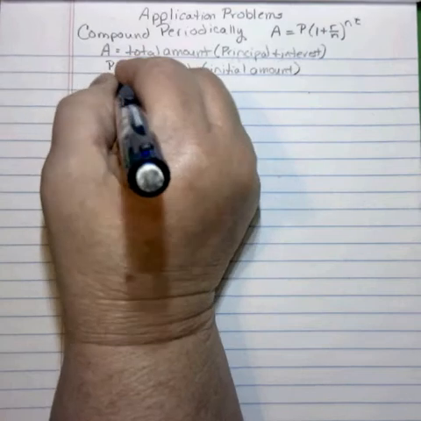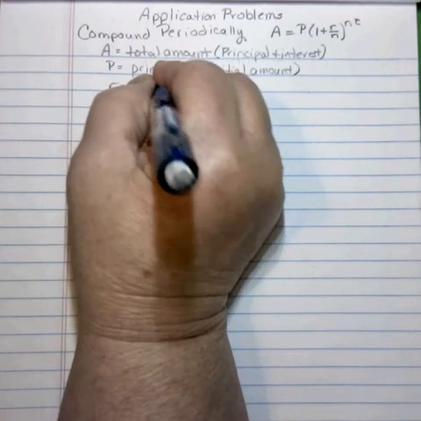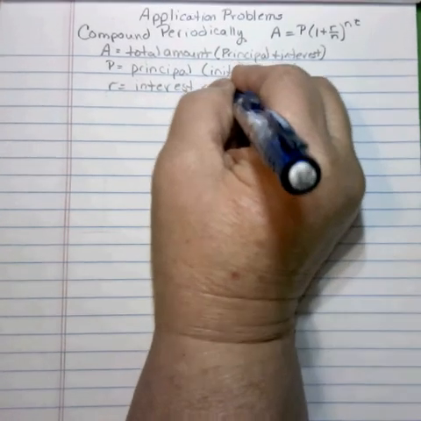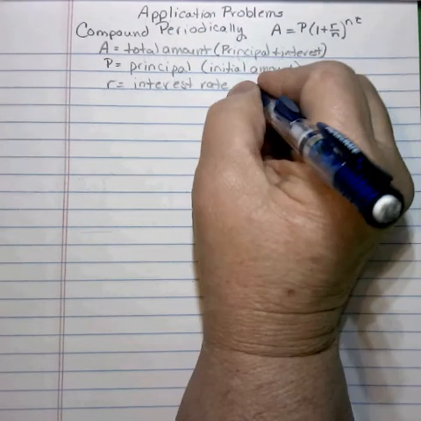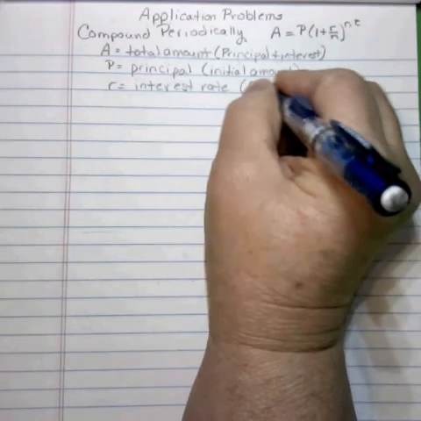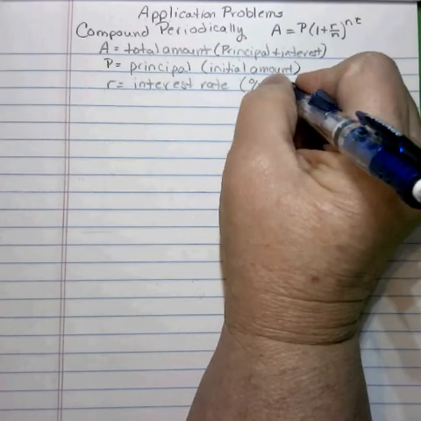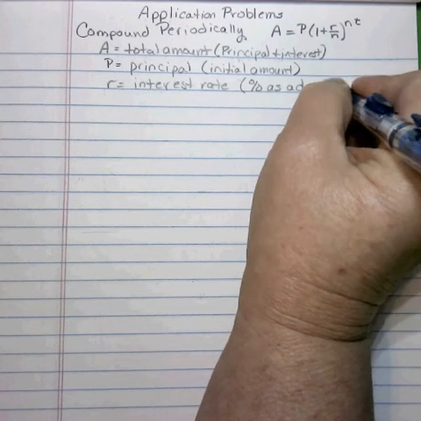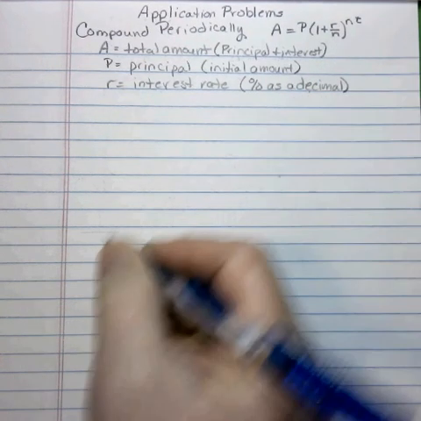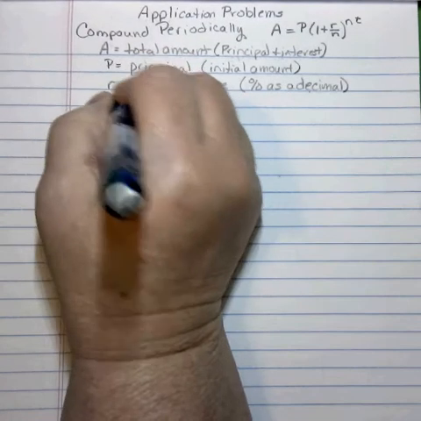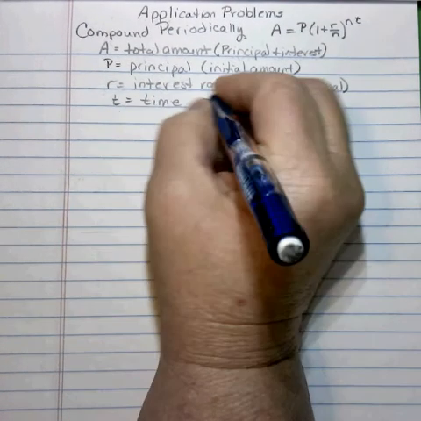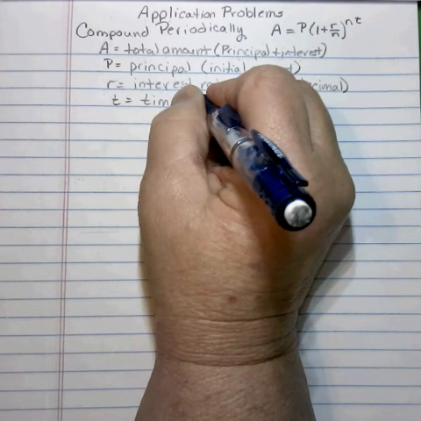The R represents your interest rate. That is usually given to you as a percent, and so you're going to need to change it to a decimal. The T is representing your time, and the time needs to be in years.